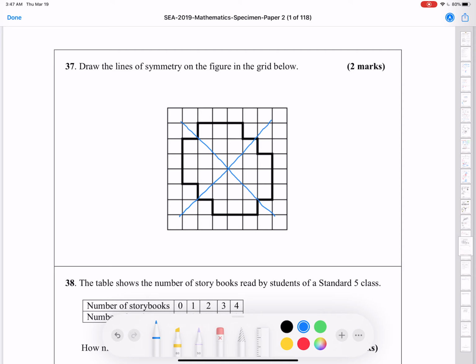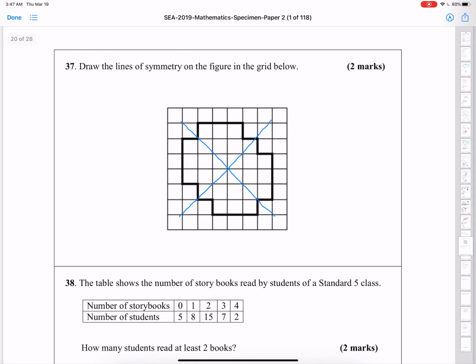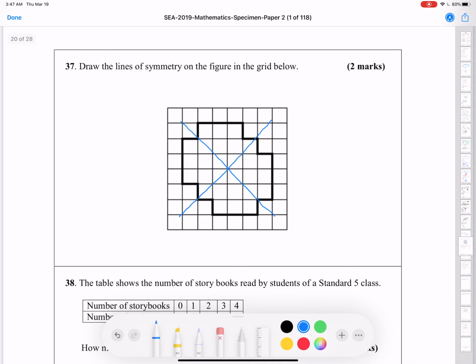Sometimes these diagrams can be so tricky. Play with your eyes a little bit. So in order to be sure that it's a line of symmetry, it must be equal on both sides. Let's see the points from the middle here. 1, 2, 3. 1, 2. Aha, this is not 1.